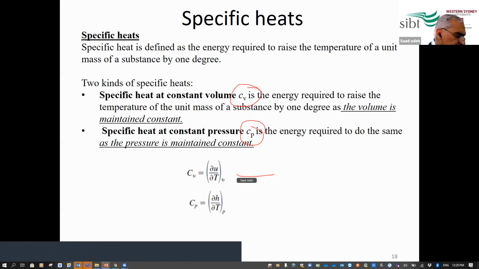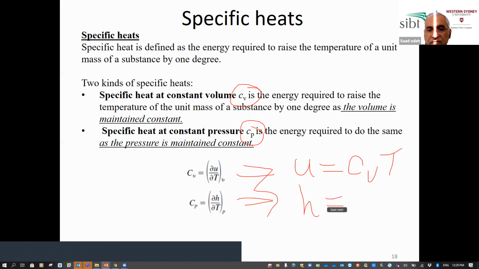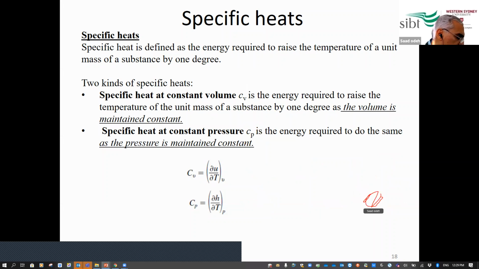So to find U, you can simply say U is equal to CV times T. And to find H, for ideal gas, you can say CP times T. So U is equal to CVT and H is equal to CPT.